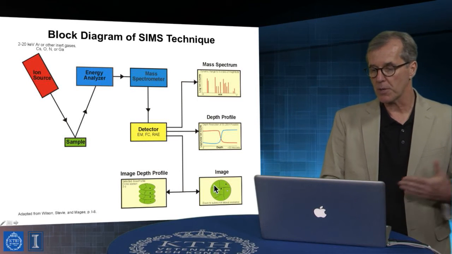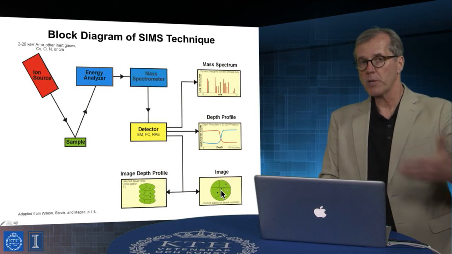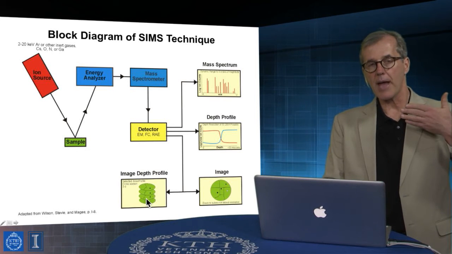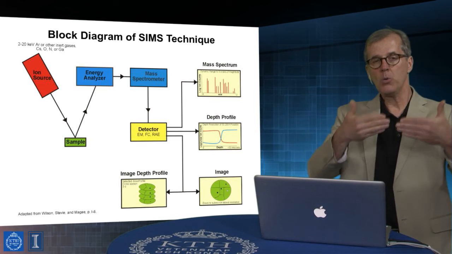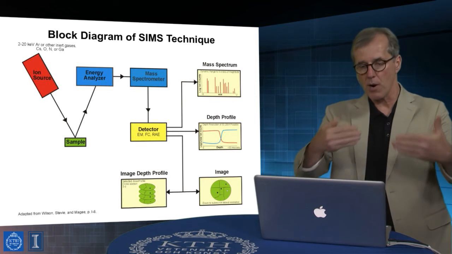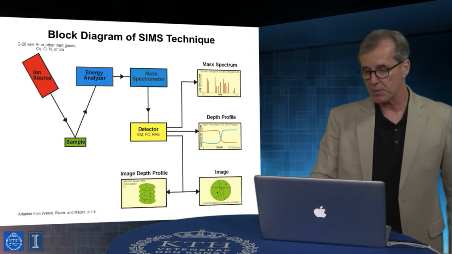So that would be an image, but a compositional image. But also, because I'm eroding material in time, I could get an overlay of those images that are actually the sample imaged in 2D compositional maps in depth going into the material. So the more I drill into it, the further I go into it, the more I know about bulk compositions.